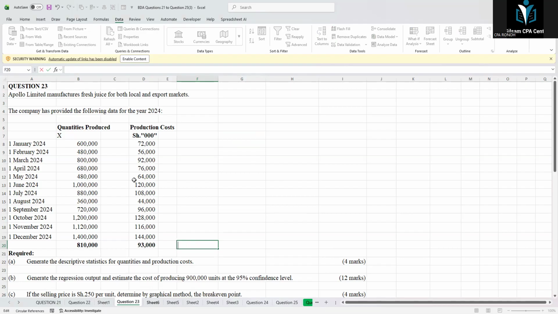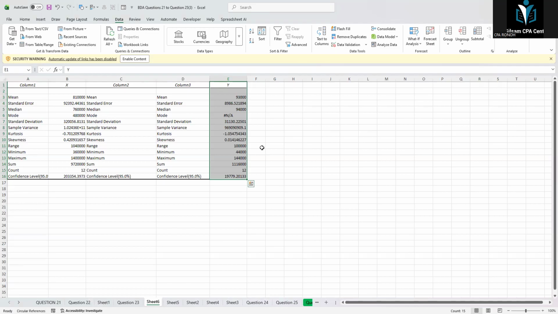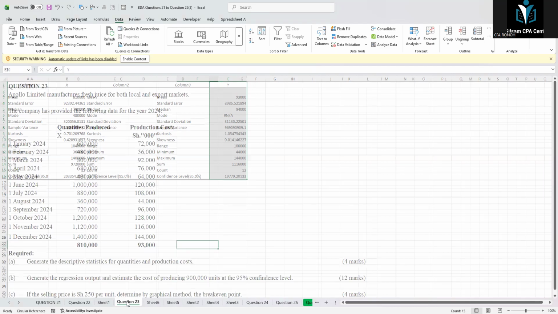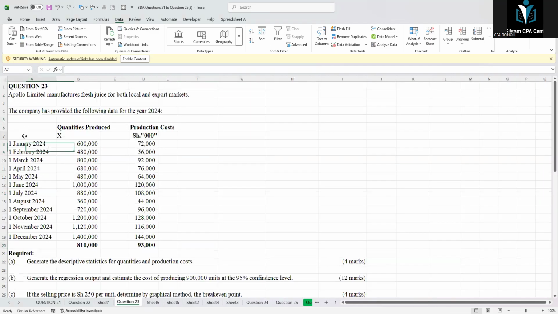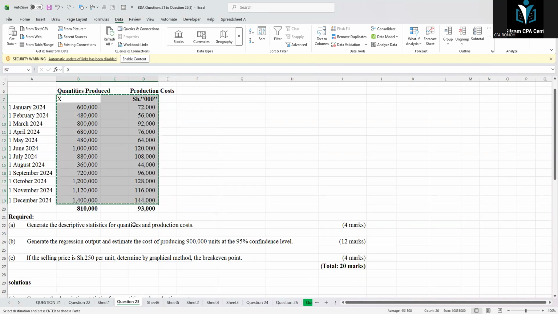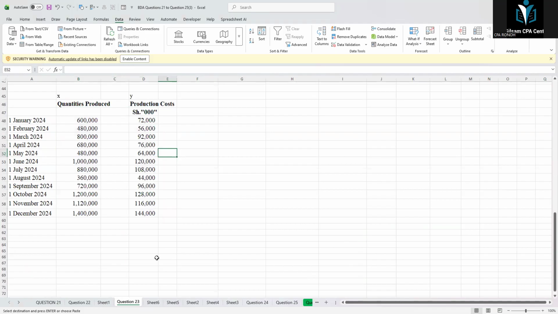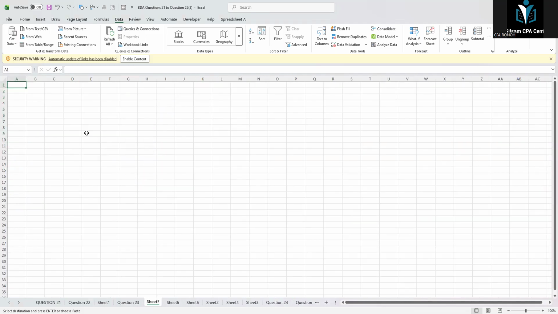For descriptive data, just select this data, X and Y. Let's put it in a new worksheet.